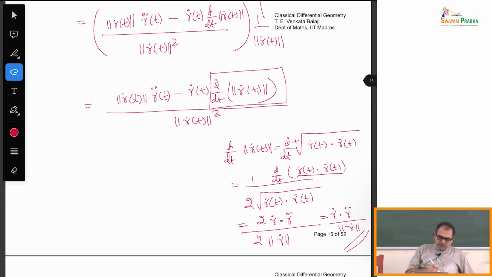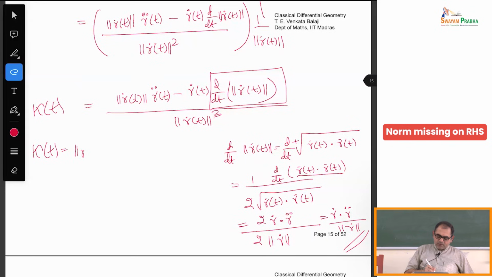So what you get, let me write it here, it's kappa t, the curvature. So kappa t is therefore equal to norm gamma dot of t into gamma double dot of t minus gamma dot of t into this term, which is gamma dot dot gamma double dot divided by norm gamma dot, and the whole divided by norm gamma dot cube.